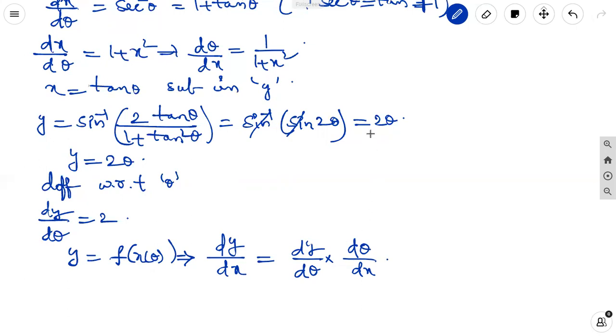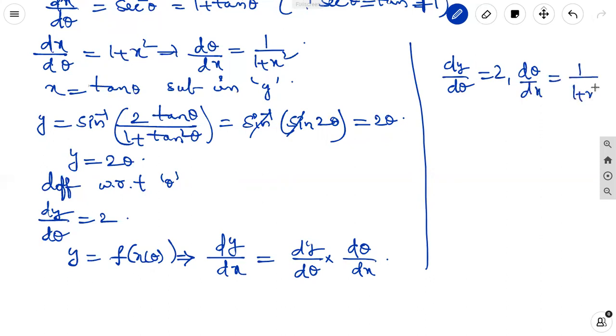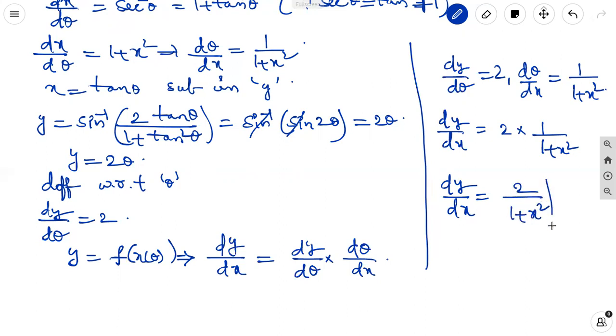Here dy by d theta equal to 2, d theta by dx equal to 1 by 1 plus x square. So dy by dx equal to 2 times 1 by 1 plus x square. Then the derivative of the function with respect to x is 2 by 1 plus x square. That is the solution.